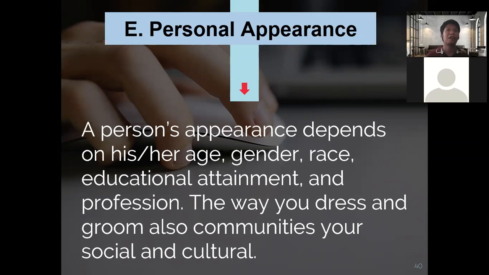It's noticeable now, for example, among Generation Z. When you look at the boys, they are fond of wearing striped t-shirts. Even the brand of the clothes defines the social status.